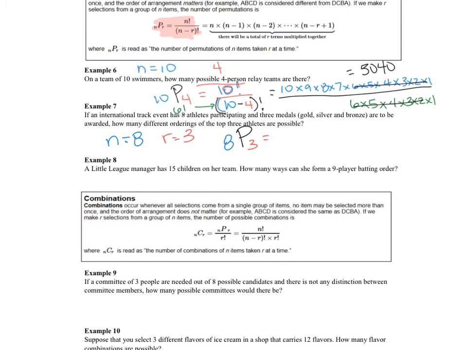And that's equal to 8 factorial at the top over 8 minus 3 factorial. So n minus r factorial at the bottom. 8 factorial is 8 times 7 times 6 times 5 times 4 times 3 times 2 times 1.